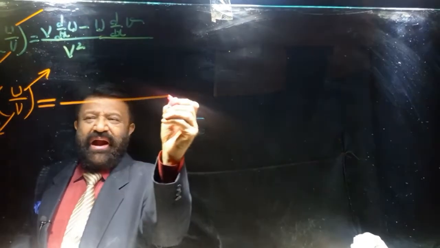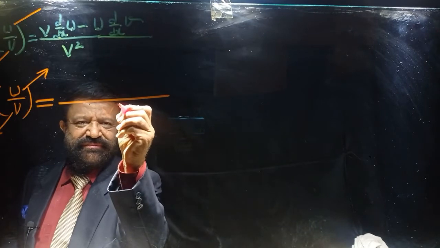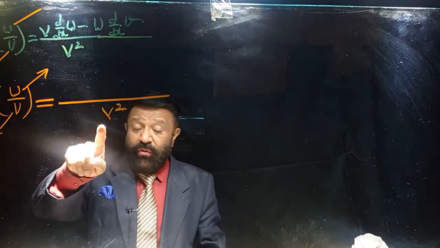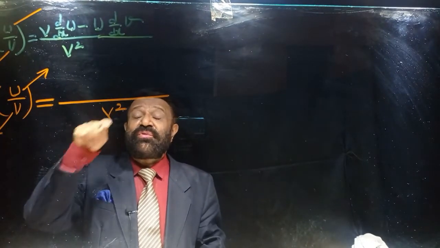So in this, you put the sign of equality, and over here v, you take the square of this. This is an integral part of this formula.